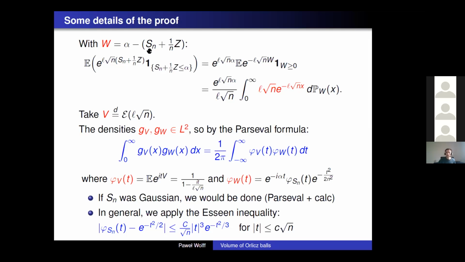A priori, as for the density of Sn, Sn is actually quite nice already, because it was a normalized sum of psi of xi's. Xi was distributed according to this measure e to the minus psi of x, and psi was a convex function. It's actually quite nice.